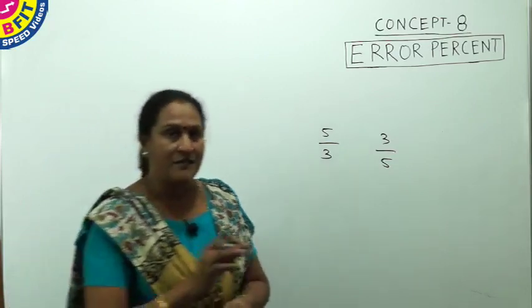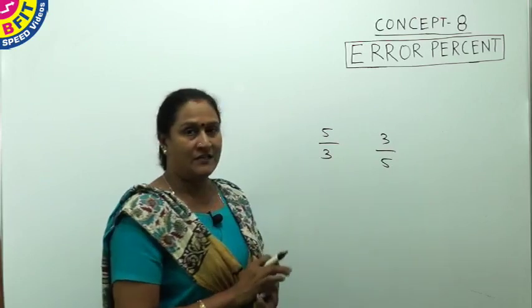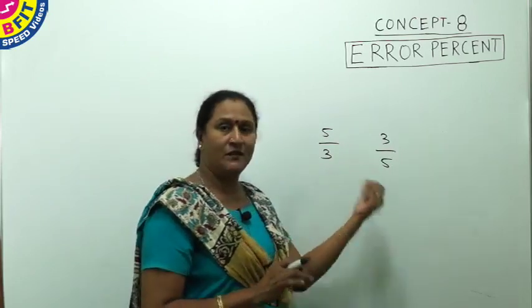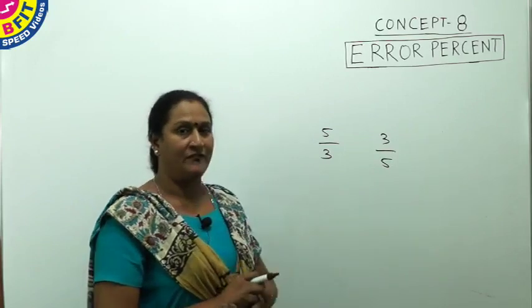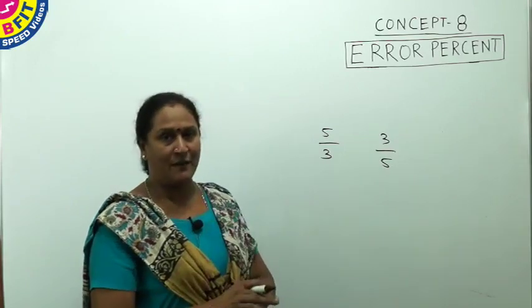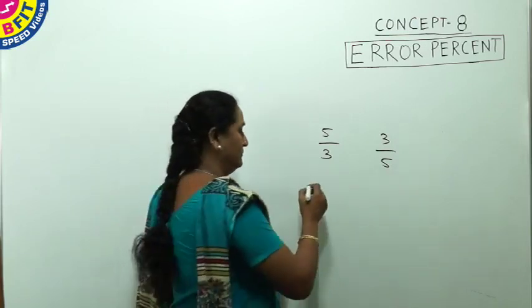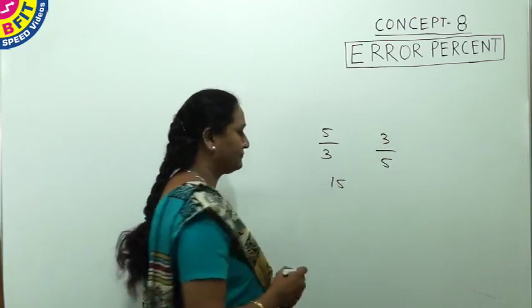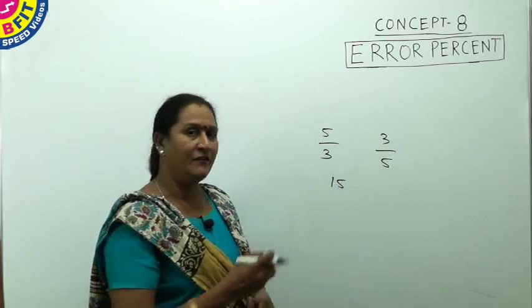For easy working, any number will arrive at the same percentage, so find the LCM of the denominators as the assumed number. What is the LCM of 3 and 5? As they are relatively prime, with no common factor, the product will be the LCM. So now assume that the given number is 15 and we can proceed.